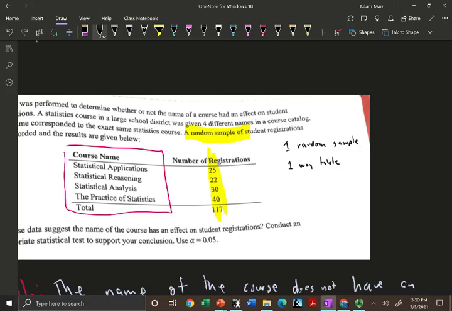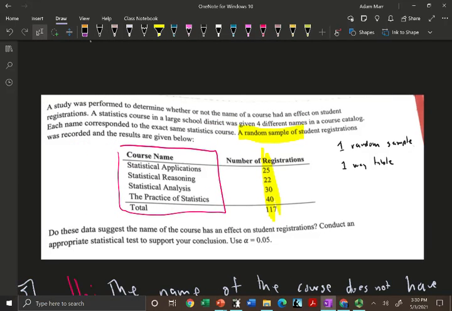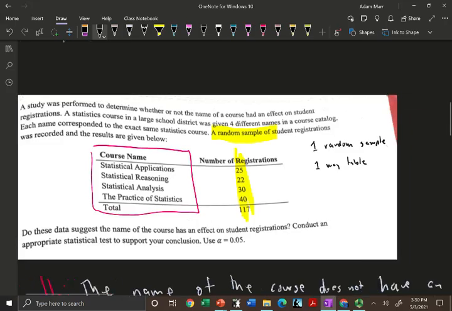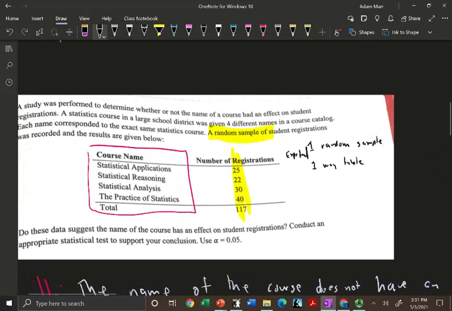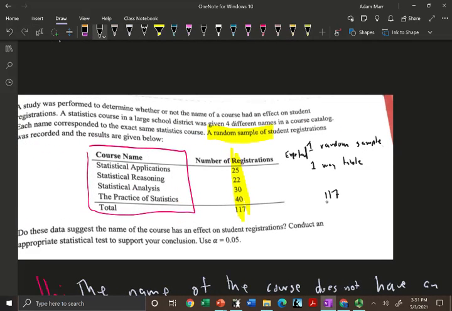Even if it showed the expected values, which, by the way, if the name of the course does not have an effect on student registration, then the expected values would be, let's see here. How many people took the course? 117. Divide that by 4.